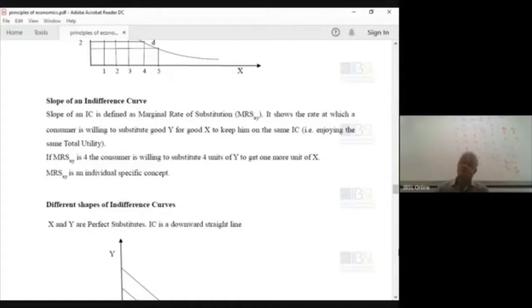So what will happen? A colorblind consumer cannot differentiate colors. Now we are going to discuss the perfect substitute. I have 10 red pins and 10 blue pins.